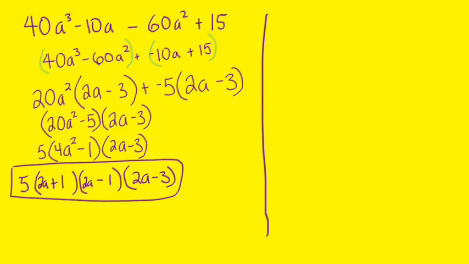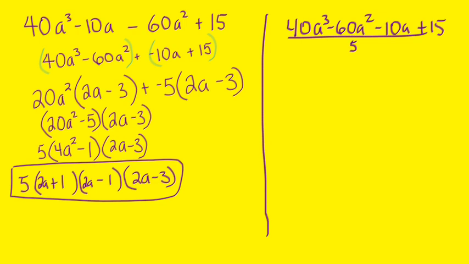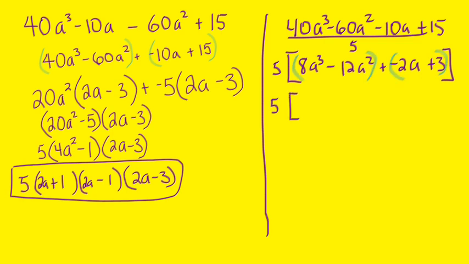Let's look at another way to do it. What if I decided at the beginning to take a greatest common factor out? If I divided the whole thing by 5, right? Then I have this polynomial to go ahead and factor completely. I do it by grouping. I take a GCF out.